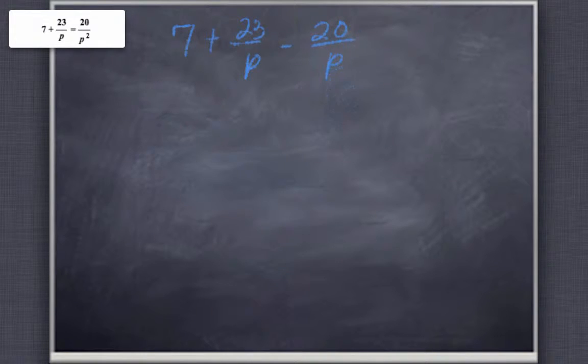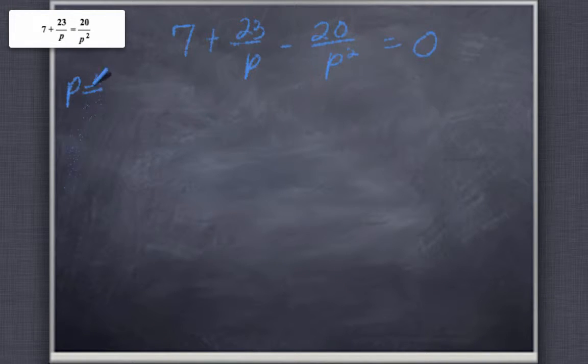So I'm going to subtract what's on the right from the left. There's two ways that you might think about this. You might first say, I'm going to just multiply through by the common denominator, which is p squared. Or you might first think, I need to get a common denominator. You're going to end up with the same situation on both sides.